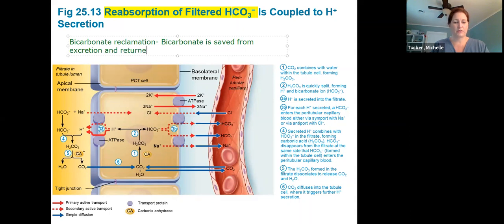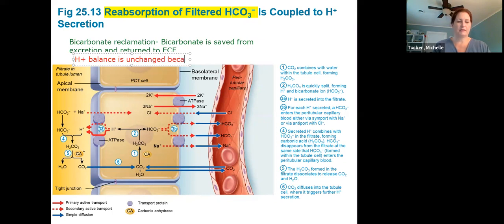And returned to the extracellular fluid. However, hydrogen ion balance is unchanged because water is reabsorbed.